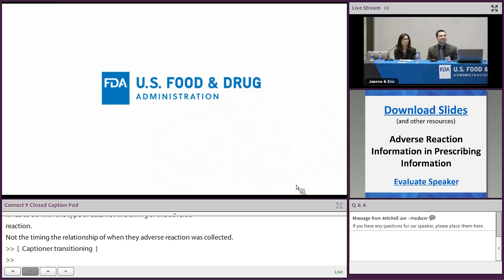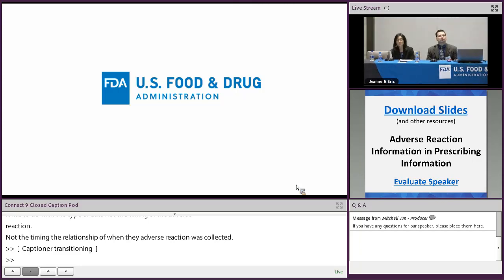Okay. If fatal cases for an adverse reaction are mentioned in the warning and precautions section, how does FDA recommend the fatal aspect in the adverse reactions be communicated in the adverse reactions section? Well, so in the beginning of Section 6, before you even get to Section 6.1, it's required that all adverse reactions that are mentioned in the warnings and precautions section are referenced.